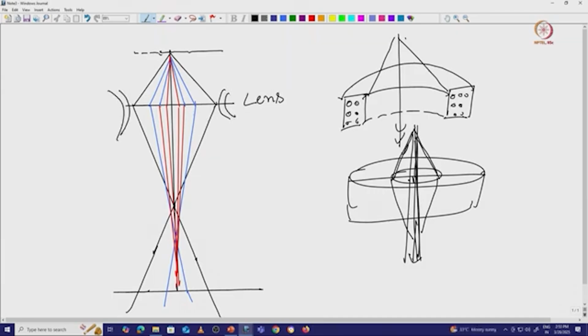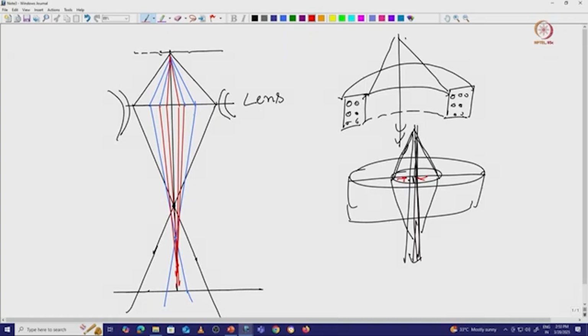These black rays merge somewhere, where the blue converges somewhere here and the red converges somewhere here. So you can consider that rays close to the periphery of the electromagnet have a severe effect, and rays far away from the periphery of the lens have less effect and almost merge in a plane.